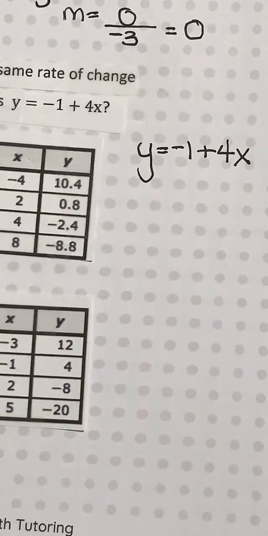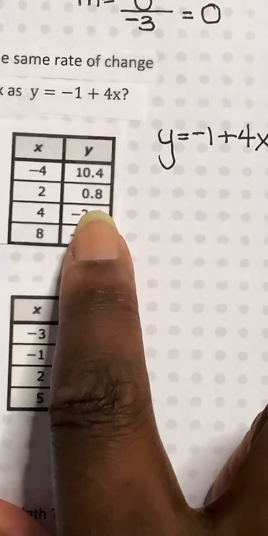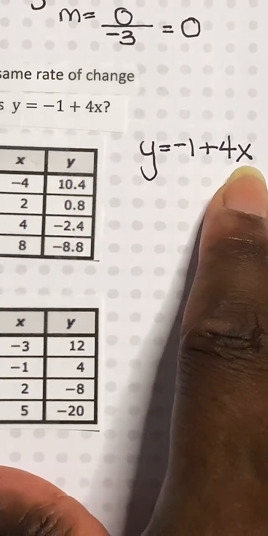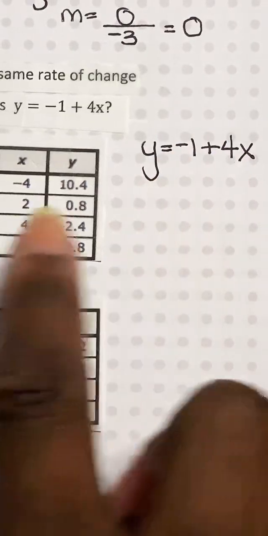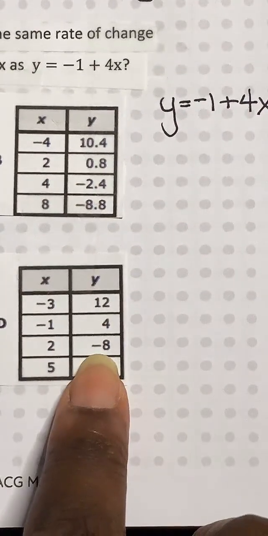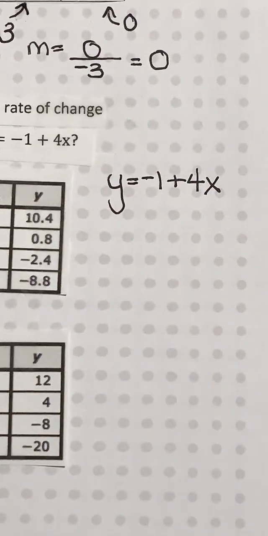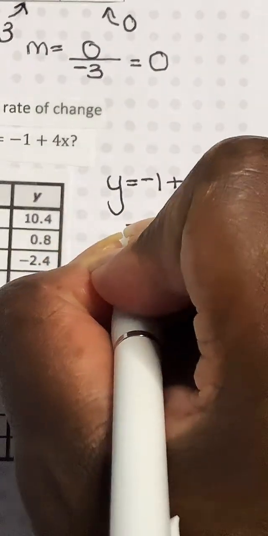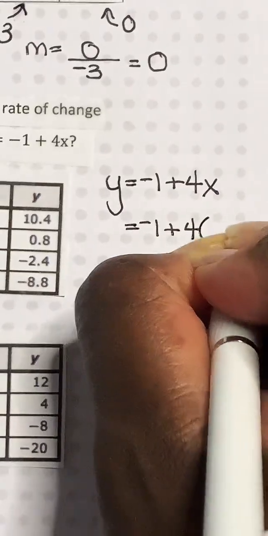Since we have this one equation over here, we know that if we plug a 2 in for the X, we want to see what that Y value is going to be. It either is going to be an 8 or it's going to be a negative 8. Those are the only 2 options. So we have our negative 1 plus 4 times the 2 that you want me to check.